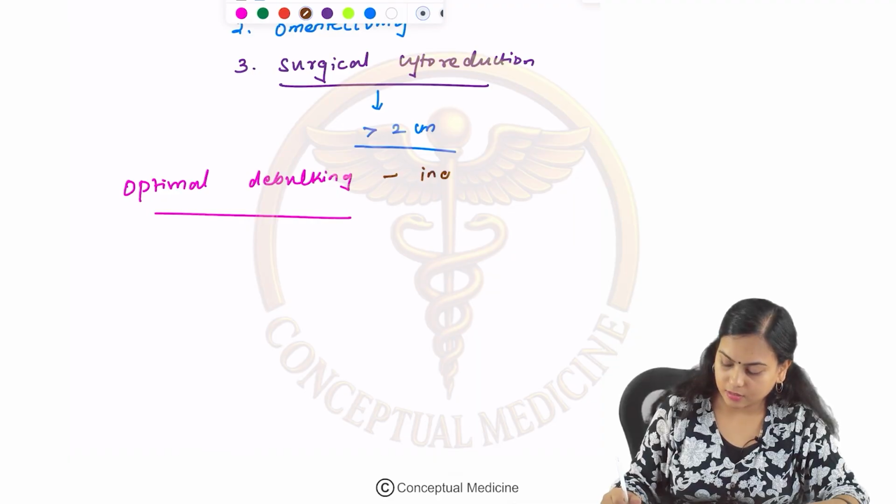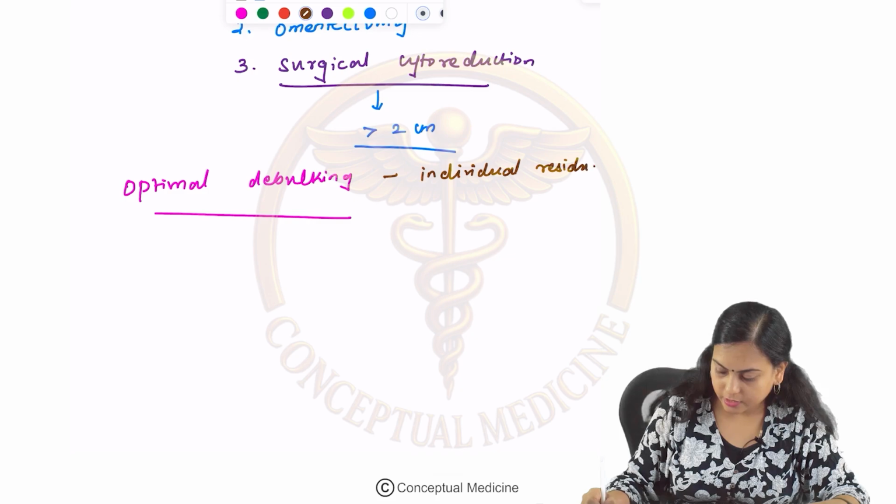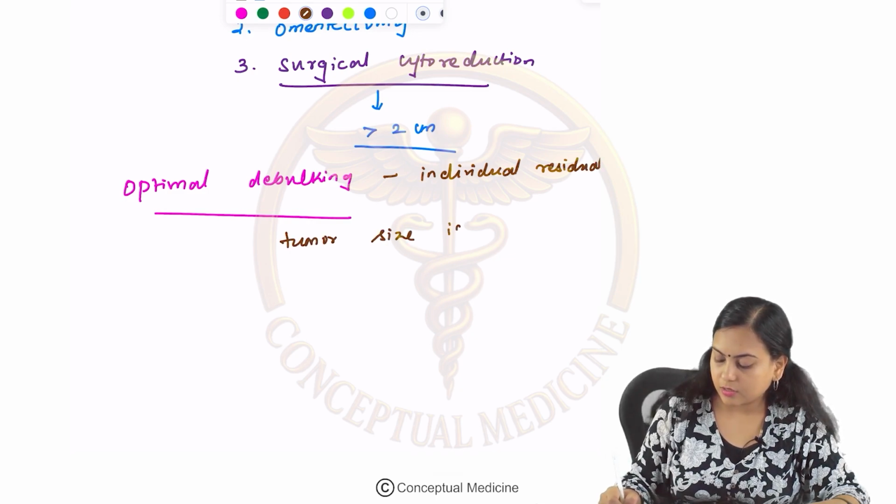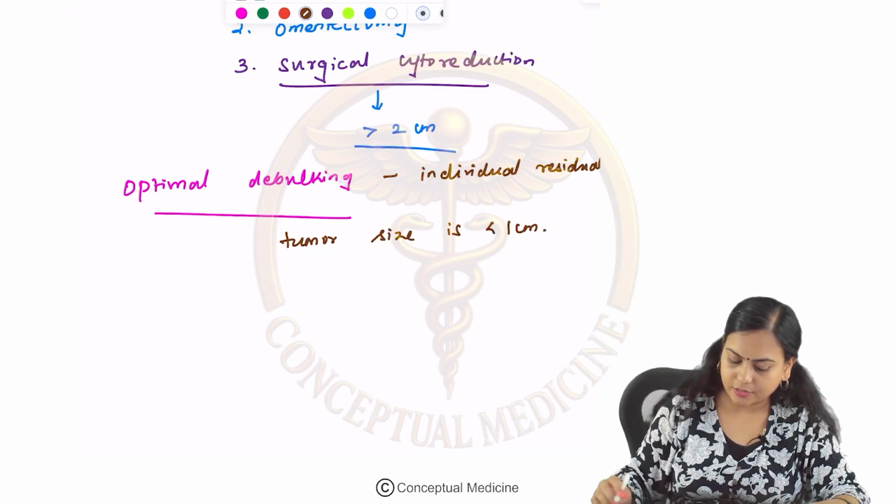That means individual residual tumor size is less than 1 centimeter.